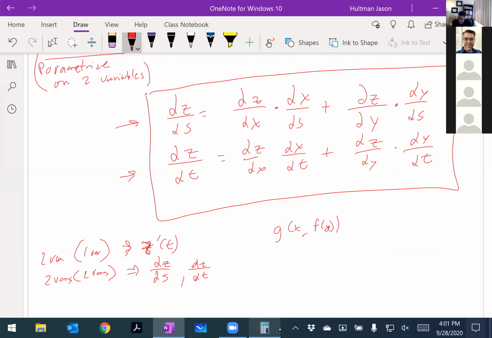Well, what can we do there? We can take a partial of, we'll say this is z, partial of z with respect to x, and a partial of z with respect to y. But then if you have a function inside a function, then you get the idea.